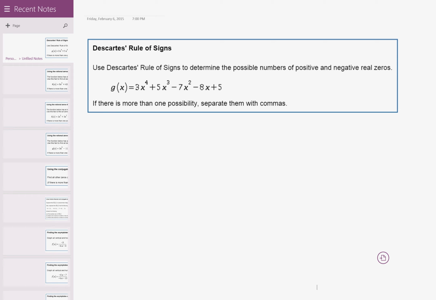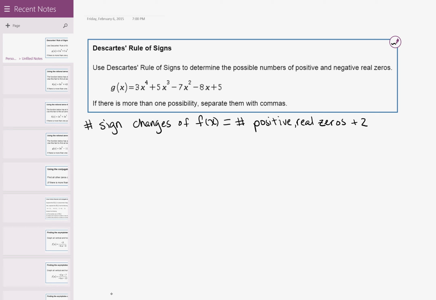And what it says is that the number of sign changes of the coefficients of f of x, or in this case g of x, but we use f as our standard, is equal to the number of positive real zeros of the function plus 2k, where k is equal to 0, 1, 2, etc.